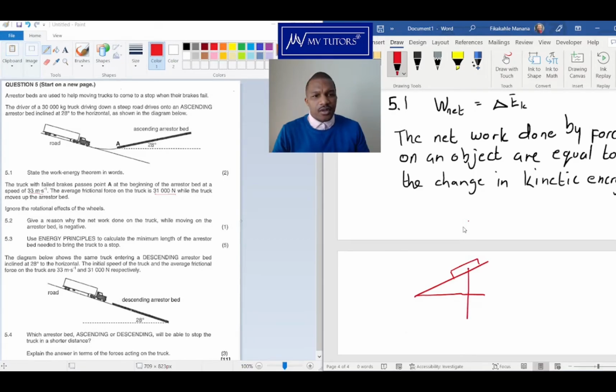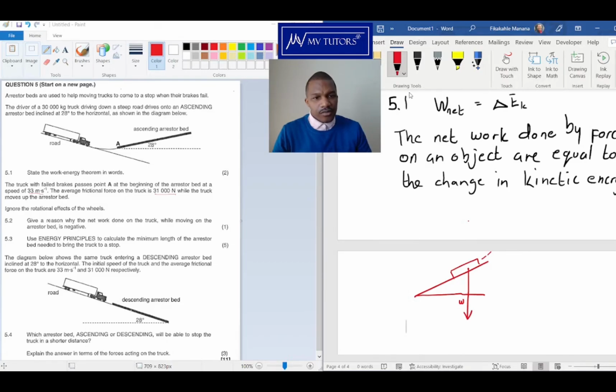We've got the weight of the truck. If we were to resolve this weight into its components, remember the motion is going that way.